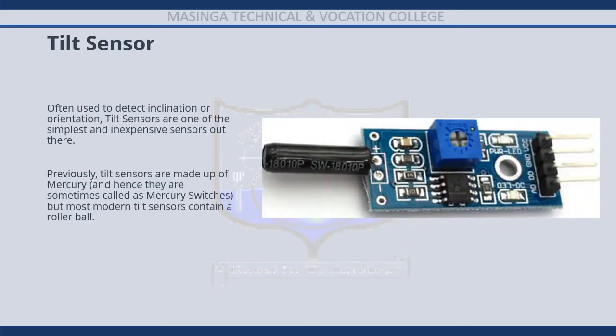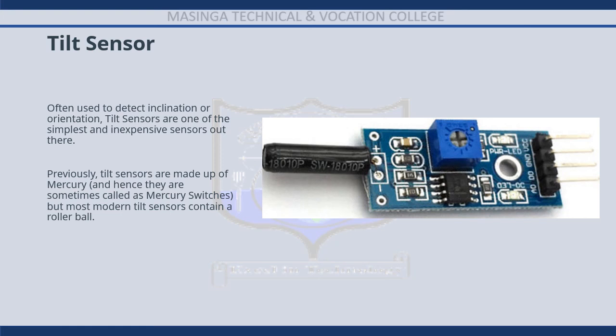The final example of sensors that we're going to look at today is the tilt sensors. These are used to detect inclination or orientation. Previously, such sensors were made using mercury. This is where mercury was used to complete a circuit since it is a liquid at room temperature with solid properties.